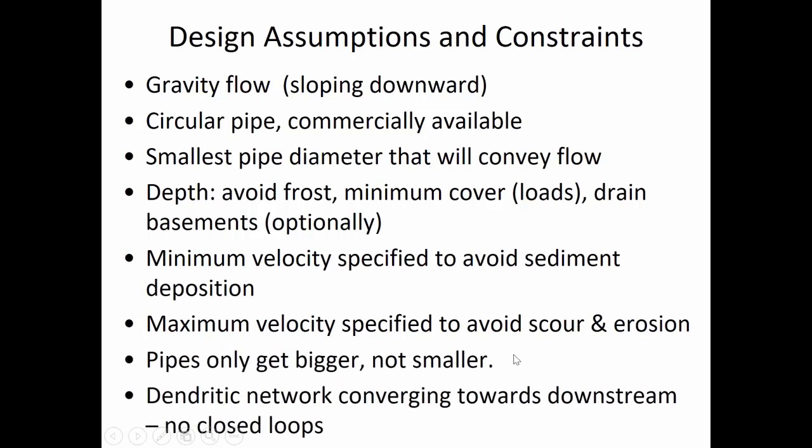Now maybe this is obvious, but when you have a pipe network that's draining an area, it's considered dendritic. And what I mean by that is, so here I'm drawing on the board the river, and usually what we have is a big pipe that's discharging into the river, and then lots of little pipes that go into it.